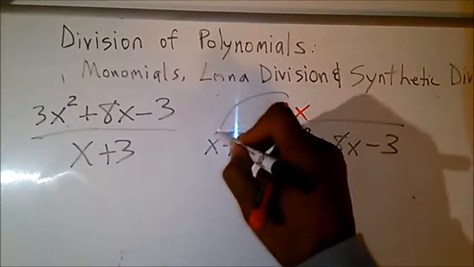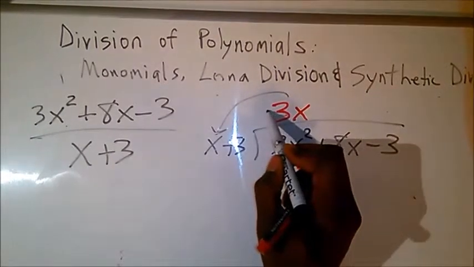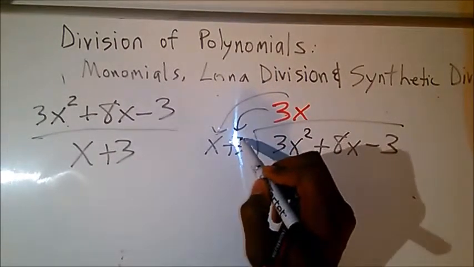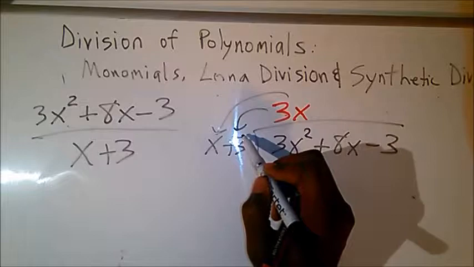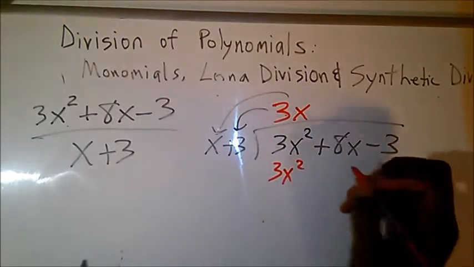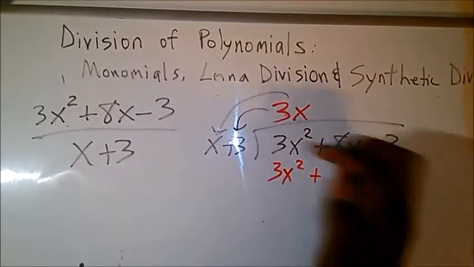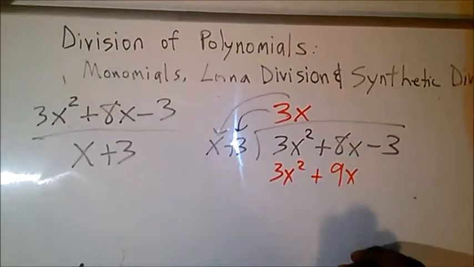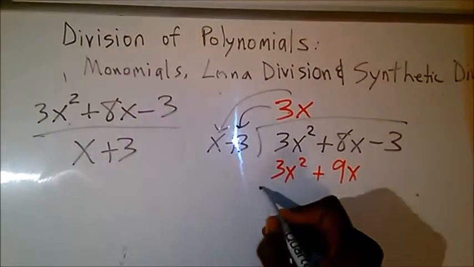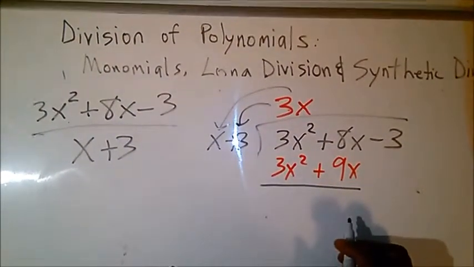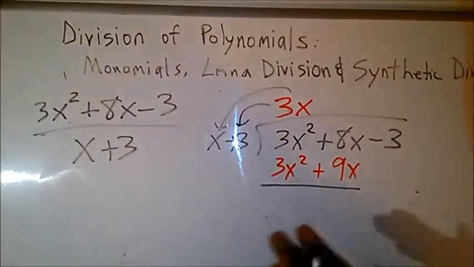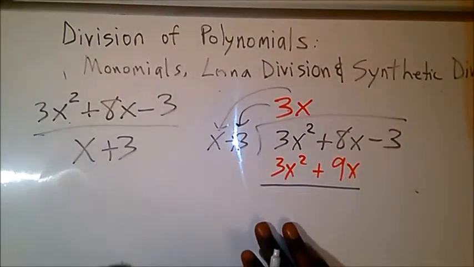And we do it again. After we get this, we do it again. 3x times 3 will be equal to 9x. Now we're going to do the same thing that we do in long division. We're going to subtract.